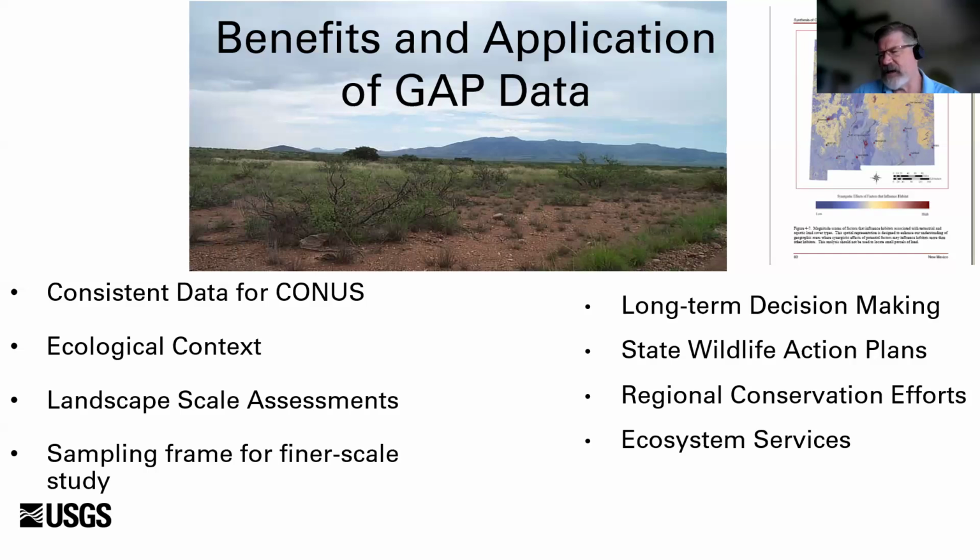For places like Forest Service lands, they have a lot of great data within their lands, but our data can be used to provide the ecological context, what's outside of their boundaries, and how might that affect their conservation inside their boundaries. We can do landscape scale assessments, and that landscape scale can be from county to state to region to ecoregion to the nation.